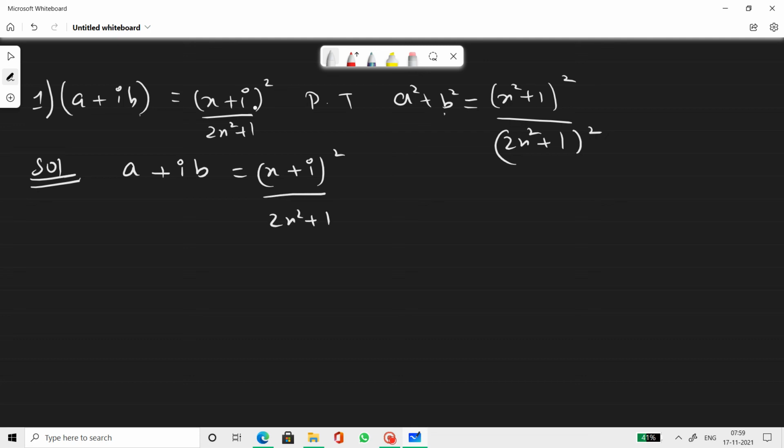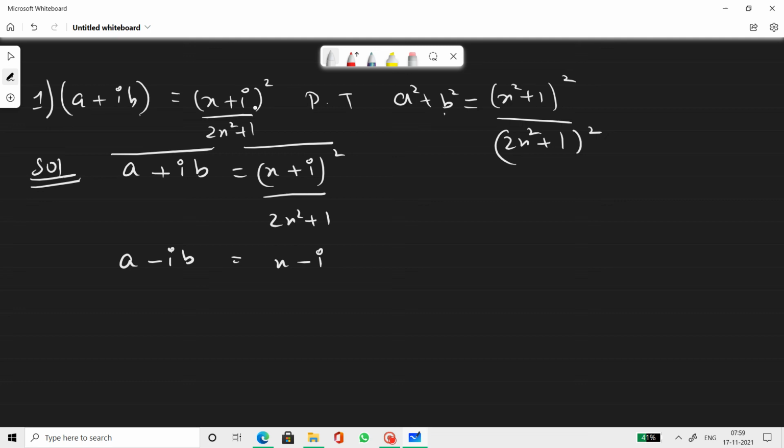Now I'm going to take the conjugate of this complex number, which means I'm going to have a bar on top of this. What is the conjugate of a + ib? a - ib. What is the conjugate of (x + i)²? Well, it's (x - i)².